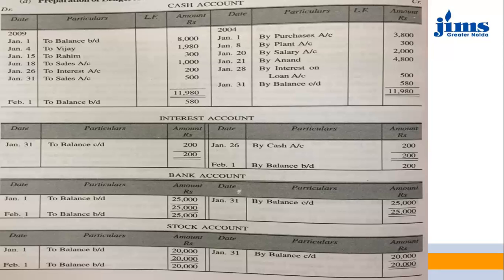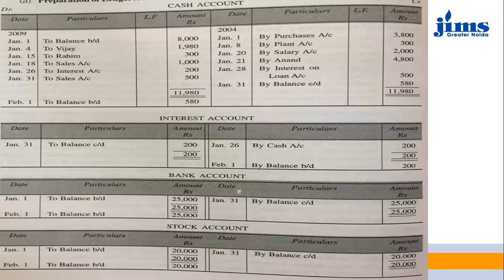Now by balance, CD here means carried down. This means you are balancing this amount for now with this particular amount, and this amount will be further carried on for the next time period. Like if you are preparing this account for the January time period, and you have a balance of 580 rupees left for cash at the end, it will be forwarded to February for further usage in the business.